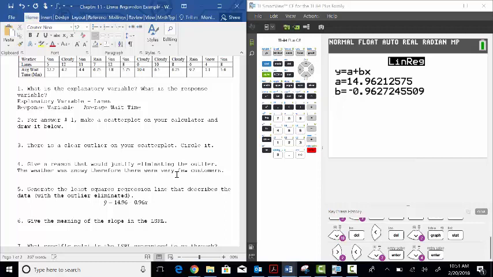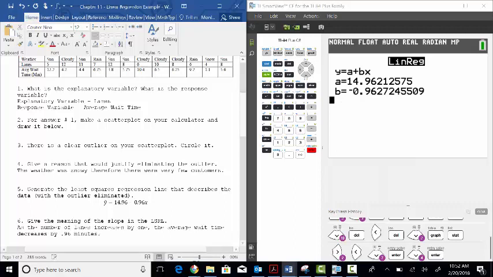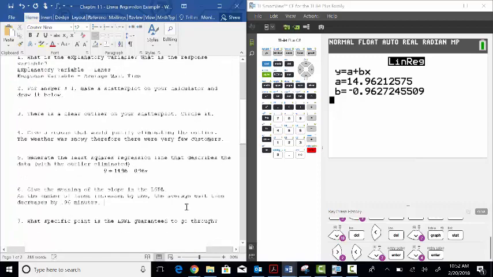So I would say, to make it easy, as the number of lanes increases by 1, the average, that's my y value, wait time decreases by 0.96 seconds, minutes. So every additional lane that I open, I'm going to decrease the customer's wait time by almost a minute.